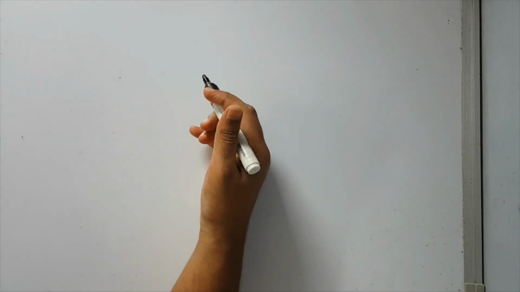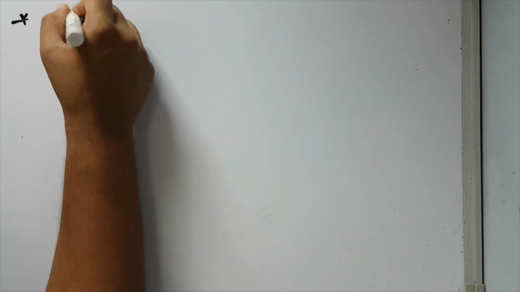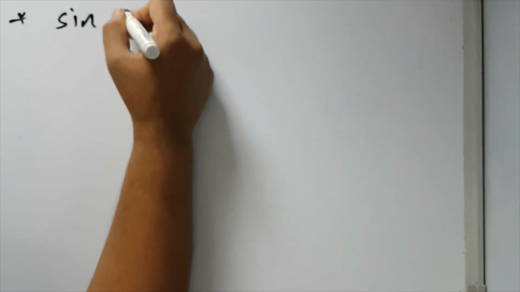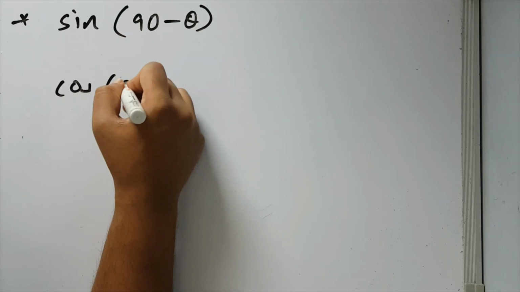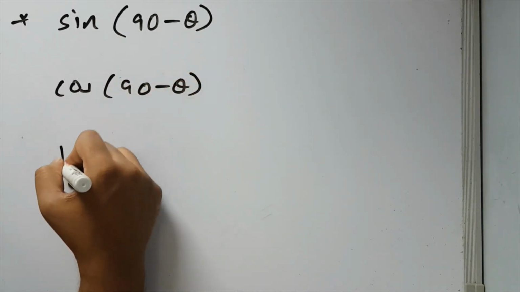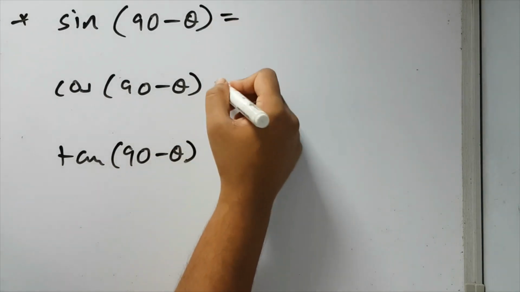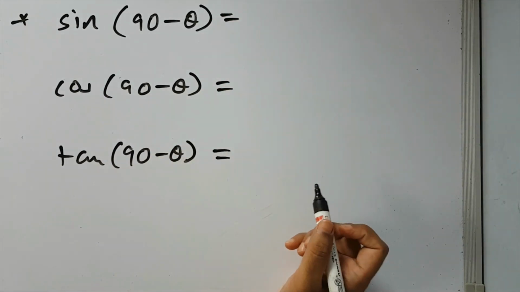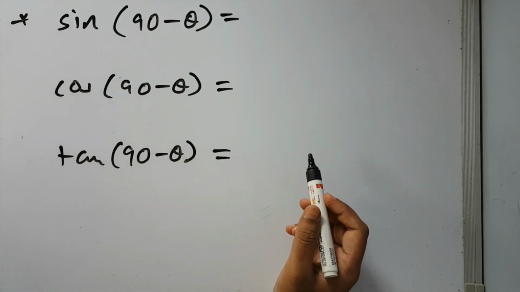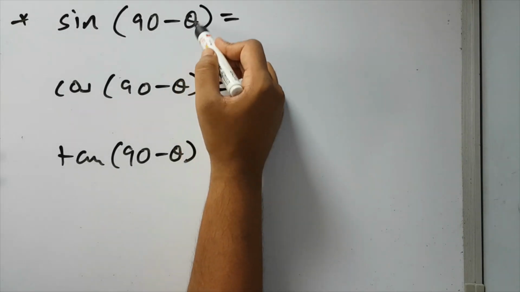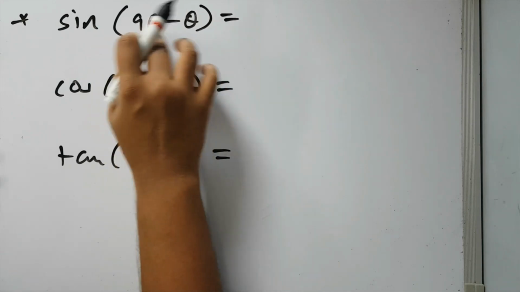Okay, now what are they? If I ask you to find what is sine of 90 minus theta, cos of 90 minus theta, and tan of 90 minus theta, how are you going to do this? First of all, the trick to remember all these formulae is, imagine theta to be an acute angle, so this particular angle would also be acute.